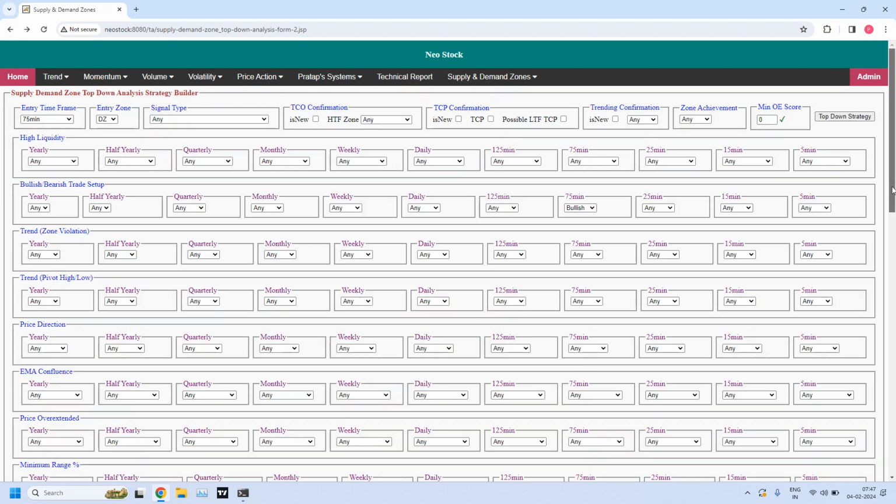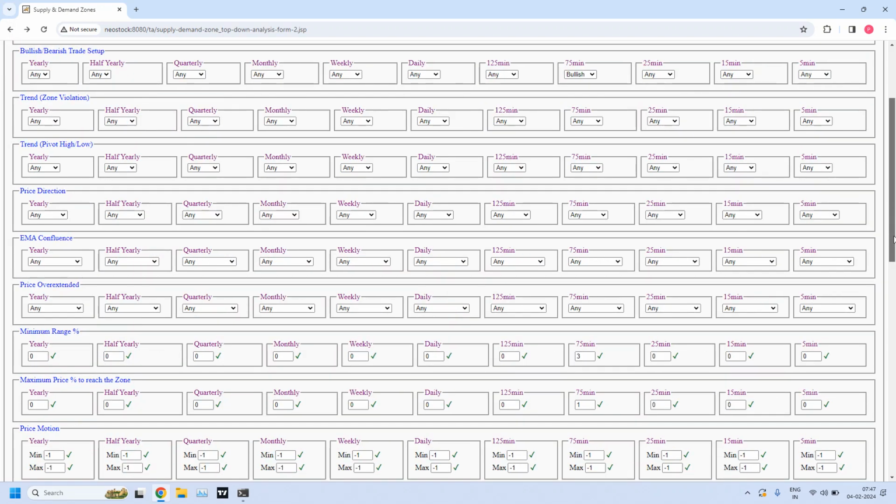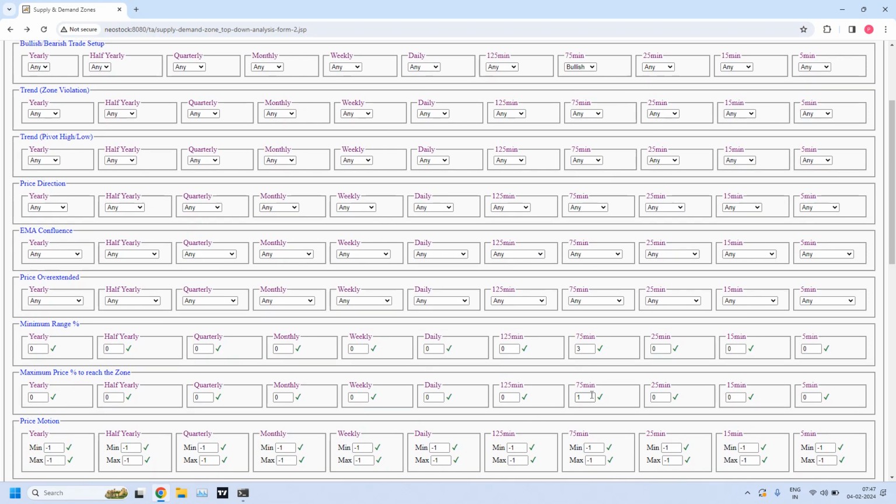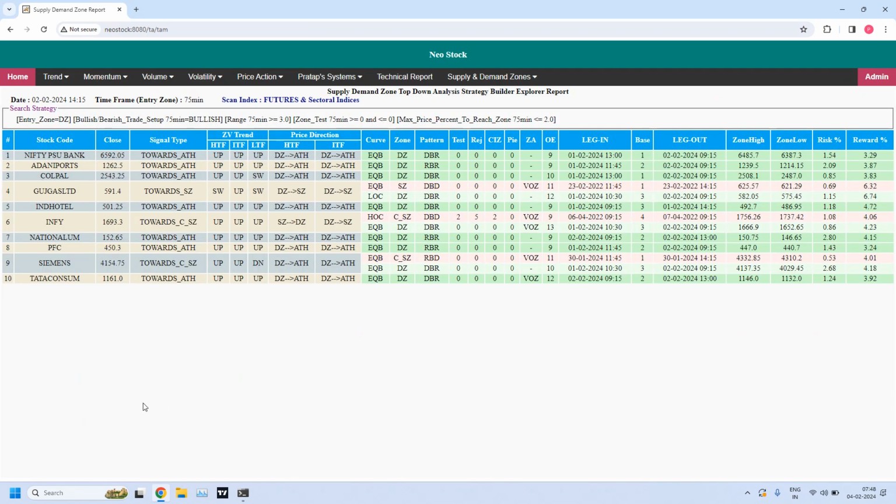Now I want at least a 2% level. Stocks near 2%. So now I am changing this 1 to 2. The maximum price percent to reach the zone, I change it to 2 in the 75 minutes. So now 10 stocks are filtered.